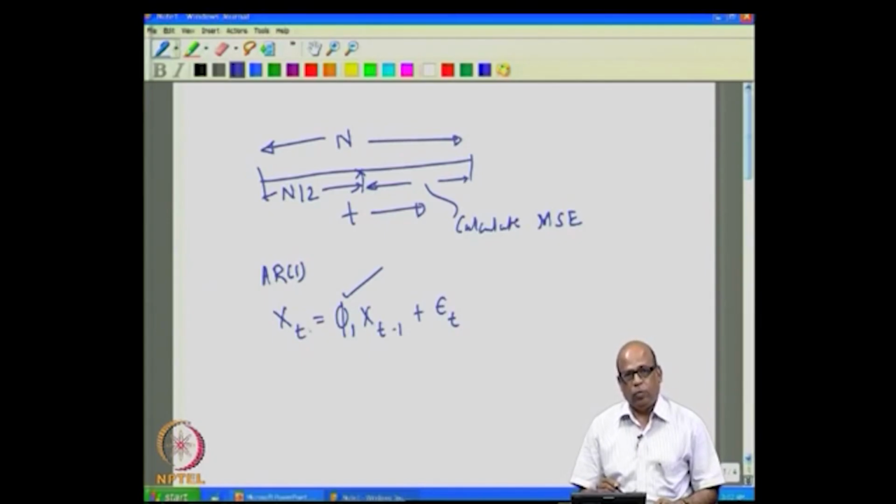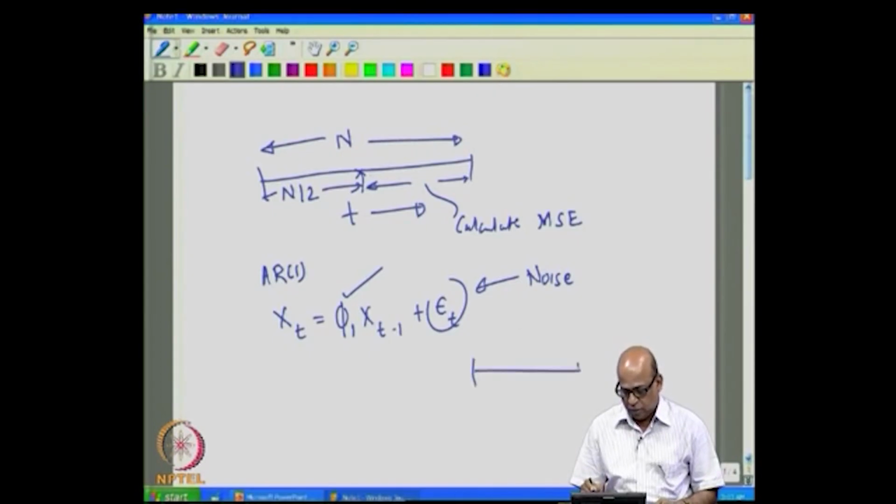Now, when we want to use this model for forecasting, what does the forecast mean? Remember that epsilon t is a noise term or a residual term which has a 0 mean, and the epsilon t are all uncorrelated. When we want to use this model for forecasting, the forecast is the expected value for the next time period.